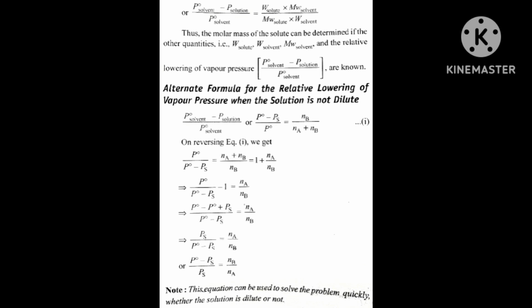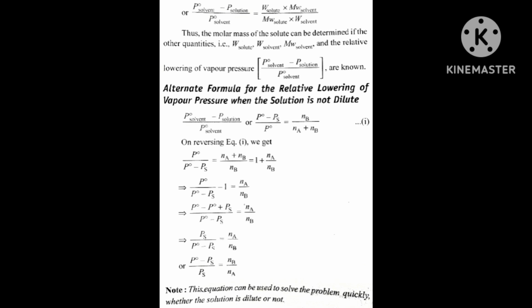So x2 is equal to delta P1 divided by P1 naught. Very simply, delta P is equal to x2 into P1 naught, so x2 is equal to delta P1 divided by P1 naught. Correct?